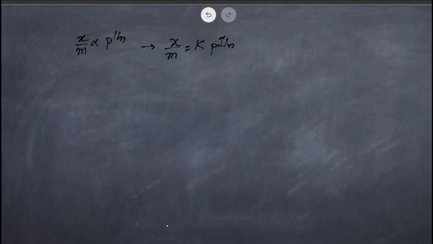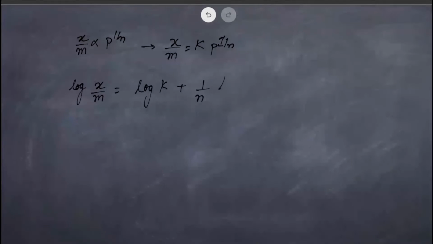Let us now take log on both sides. Log x by m equals log k plus 1 by n log p. As you have already studied log properties, the power comes in front of the log.